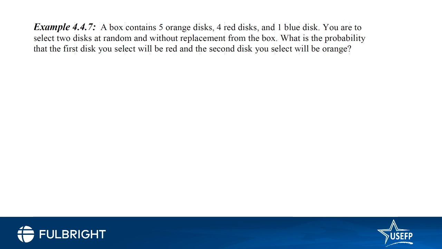So the probability that the first disc is red, chances are there are altogether 10 discs, and chances that you get red first is 4 over 10. Now there are 9 discs remaining, and what is the probability that you take out an orange disc?